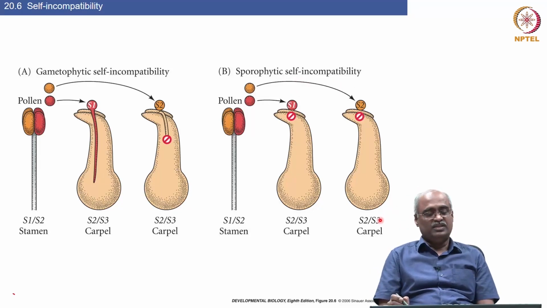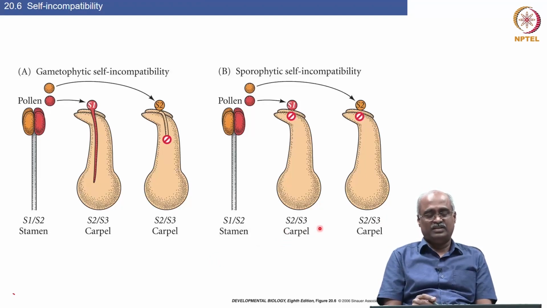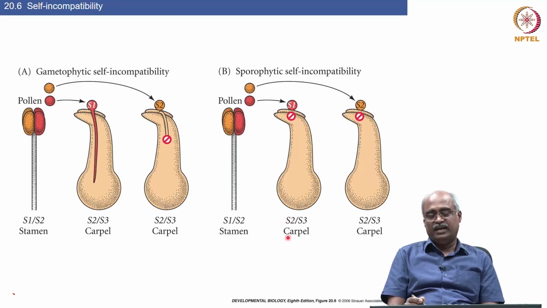This is the difference between the two types of intraspecific self-incompatibility: where you can't have a match between the gametes' alleles, it's gametophytic self-incompatibility, and where you can't have a match even with the two sporophytes producing the two gametes, that is sporophytic incompatibility. So now let us look mechanistically, in a biochemical sense, at how these things work.